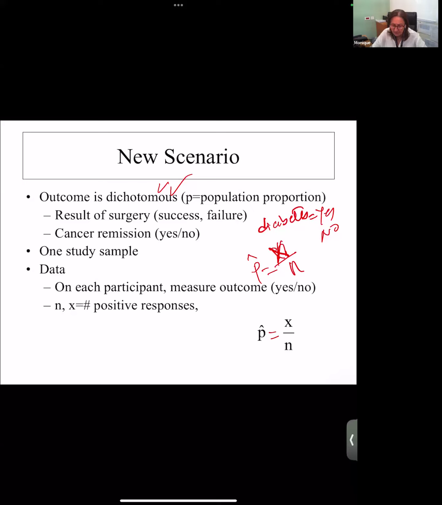So we're considering one study sample, and for each participant we measure the outcome, and then we will have a p-hat, which is my sample proportion.